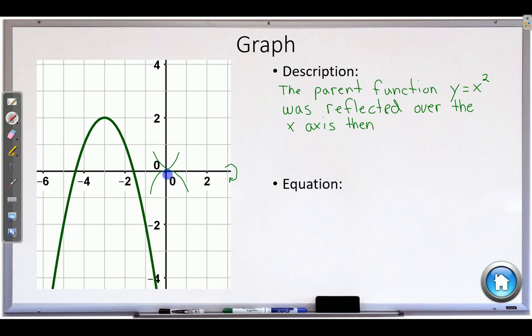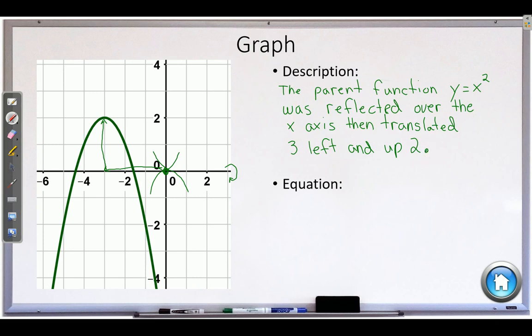So this vertex was moved 3 to the left, and then up 2. I'm sure we call that a translation. Then translated three left, and up 2.